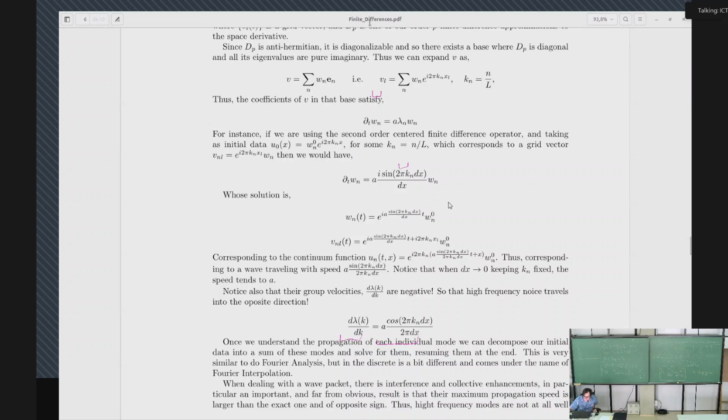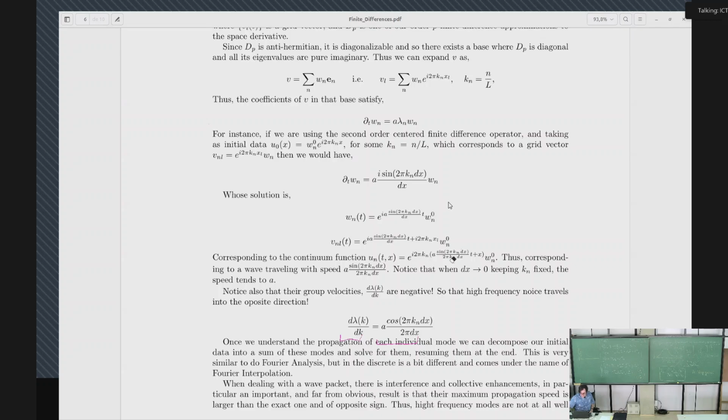When we actually solve this, we get that the wave here is moving this way. The eigenvector will be e to the i 2 pi k_n x, and this is the exact solution. We will have a times t plus x, but with these weird terms with the sine. So what we actually want is a times t plus x, but we get this a times sine times t plus x. This is what we are actually getting.